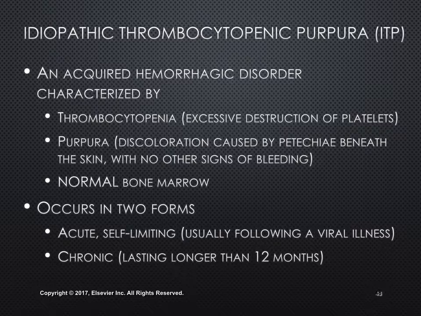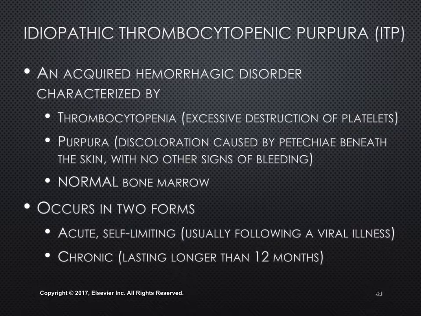Idiopathic thrombocytopenia purpura, or ITP, is an acquired hemorrhagic disorder that's characterized by thrombocytopenia, which is a result of excessive destruction of the platelets. Thrombocytopenia in and of itself is just a decreased level of platelets.